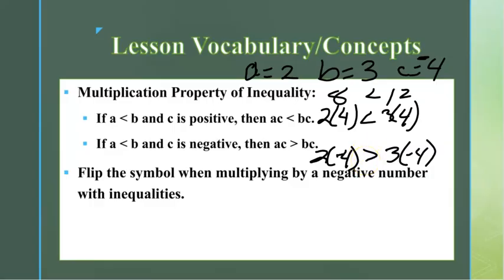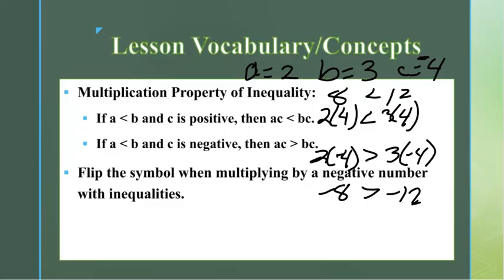The symbol's going to be flipped because negative 8 is actually bigger than negative 12. So just remember, when you multiply by a negative, you're going to flip the symbol, because now the number that used to be the smaller number is now going to be a bigger number, and the number that was the smallest is now going to be the biggest.